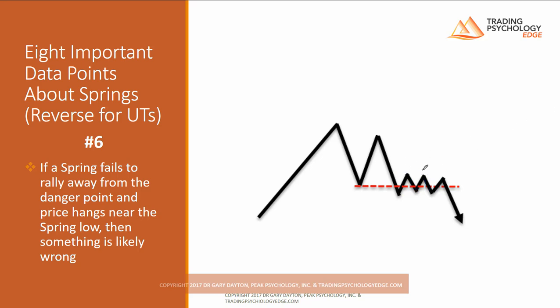So it will allow you to get out gracefully, but you've got to be aware that if it's hanging at the lows here, hanging at the danger point, and we call this the danger point. The danger point is the low right here. So it's just hanging around that danger point. It's going to, more than likely, more often than not, roll over and come down on you. Something's wrong, okay?